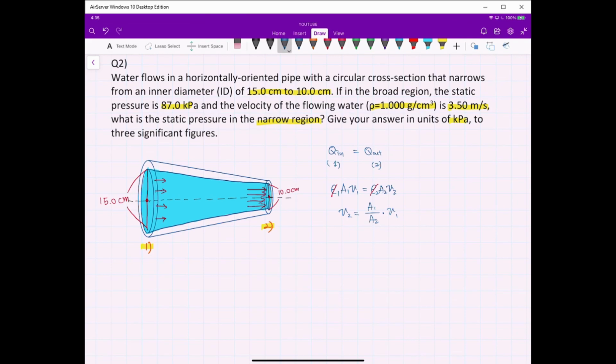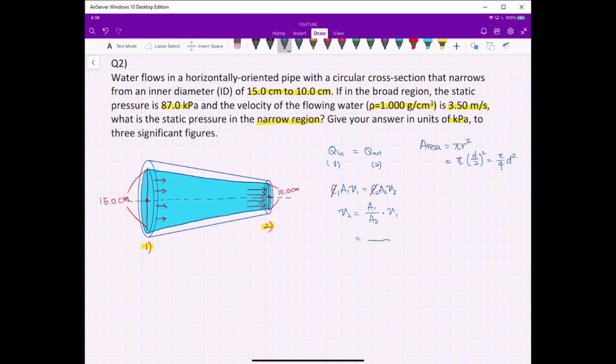To calculate the cross-sectional area of the pipe, we can use the formula area equals pi r squared, which is totally fine to use, but as the radius is half of diameter, we can change this area formula into pi times half of diameter squared, that is pi over 4 d squared. So we can substitute into the V2 here.